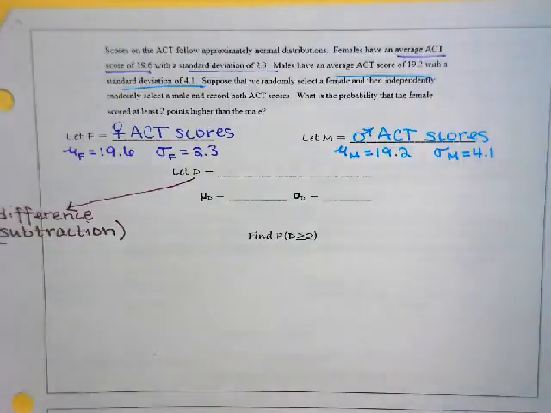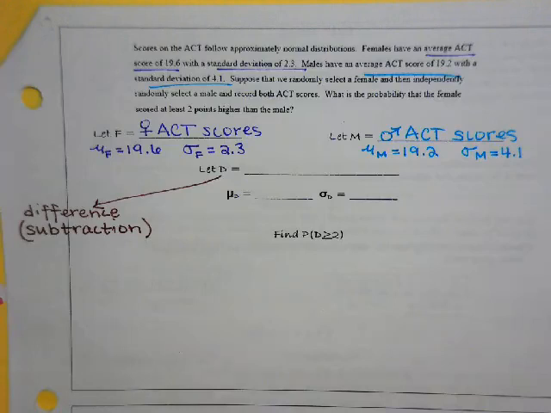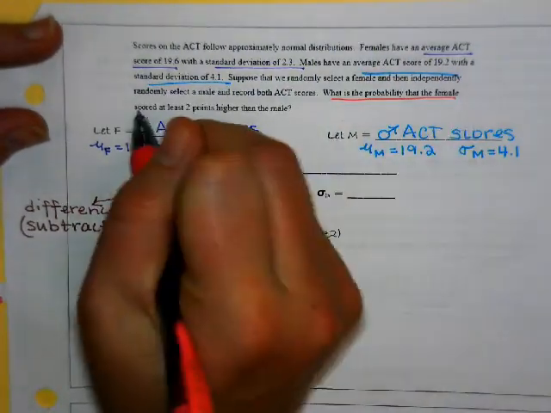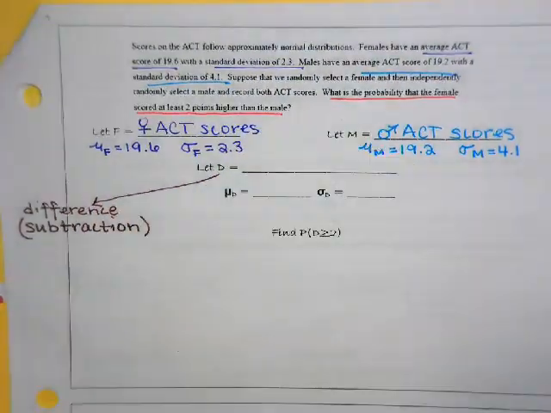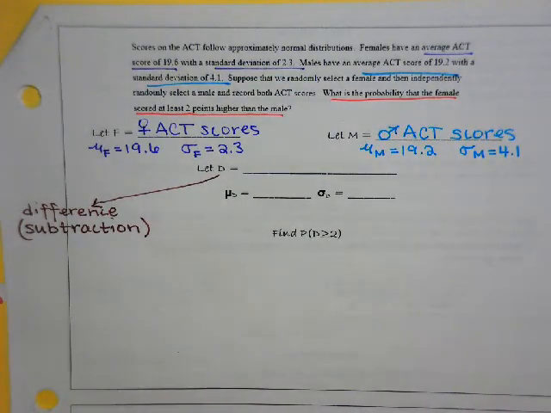So the question that we want to answer is, what is the probability that the female scored at least 2 points higher than the male? Would it make more sense to do female minus male or male minus female, and why?